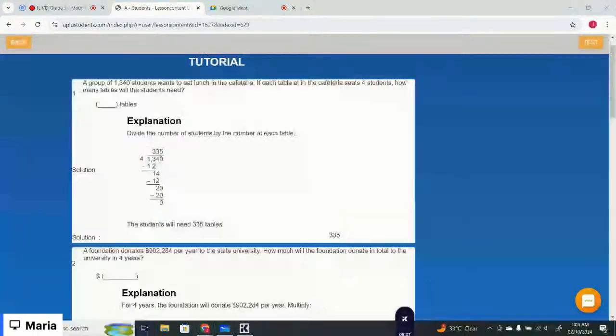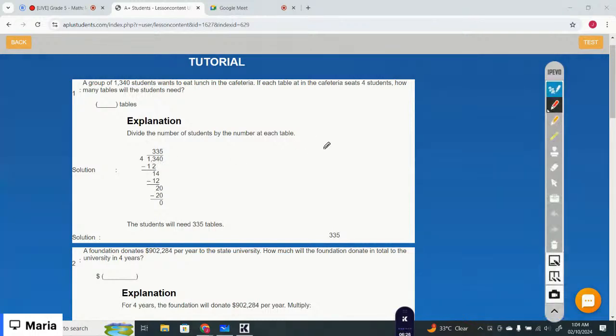You need to divide 1,340 by 4. So you need to count the table of 4 until you get 13 or less than 13. 4 times 3 is 12.